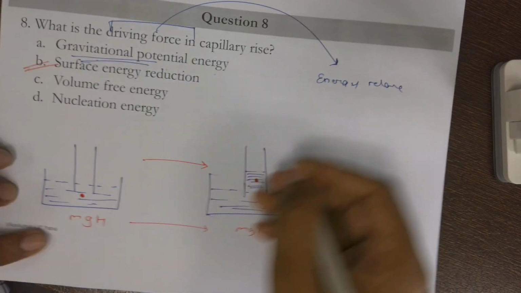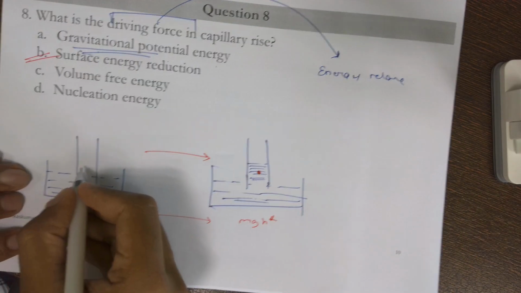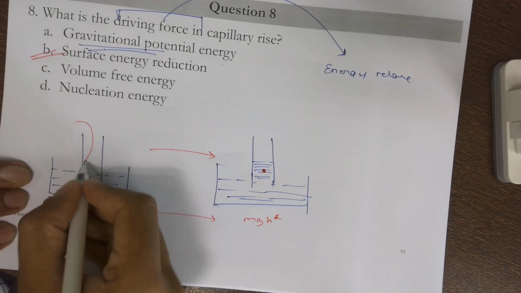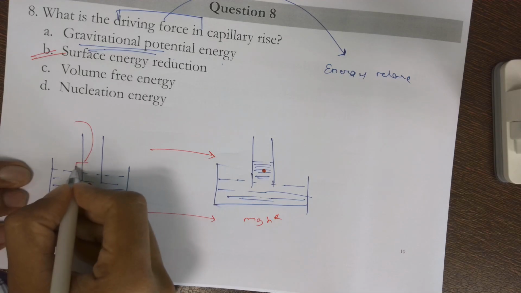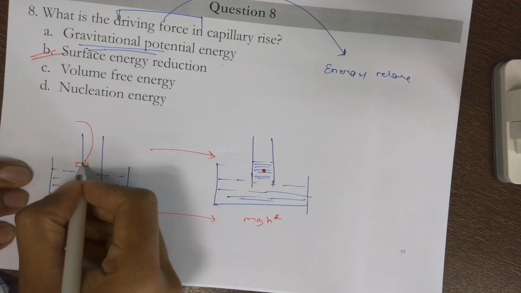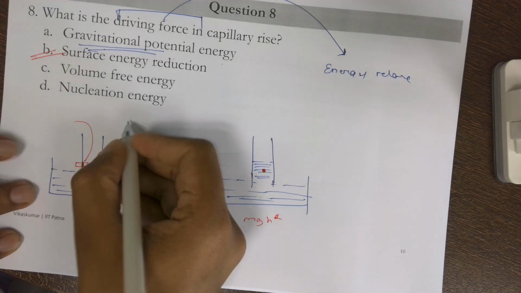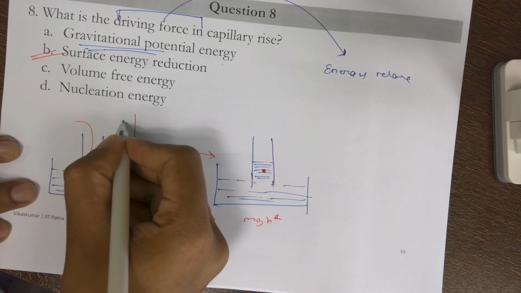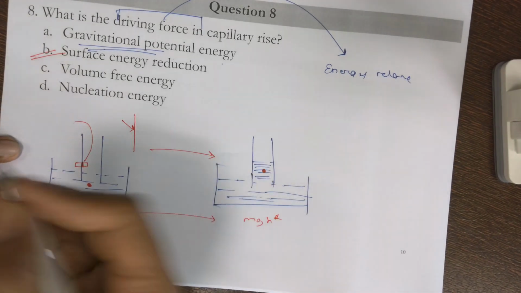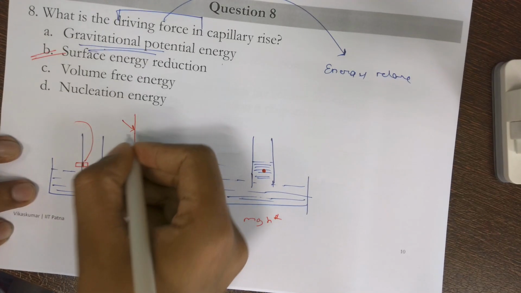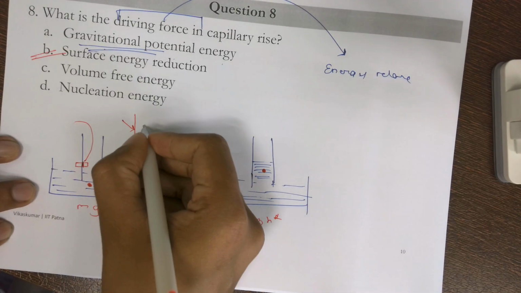What it means is that, see, initially over here, what is the interface at this particular point? This is my solid phase, so for example glass, and then there is a gas.